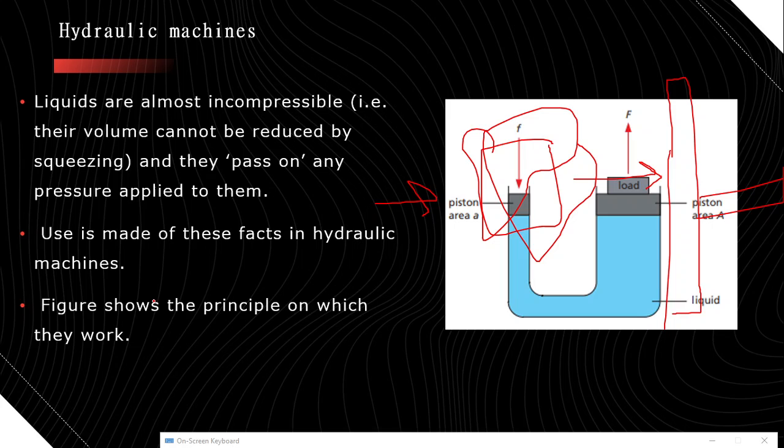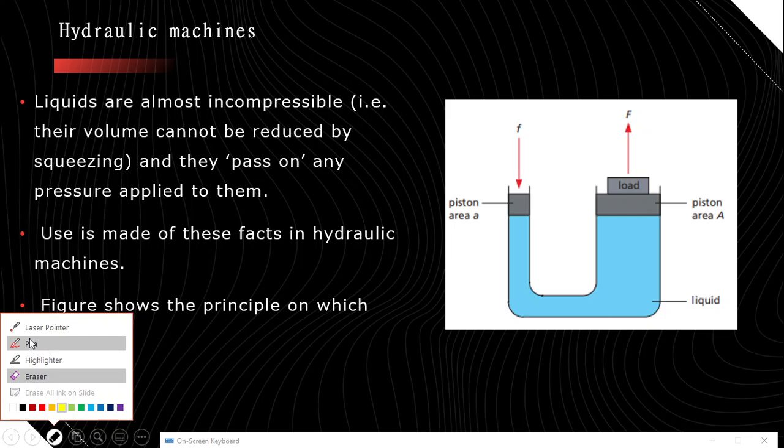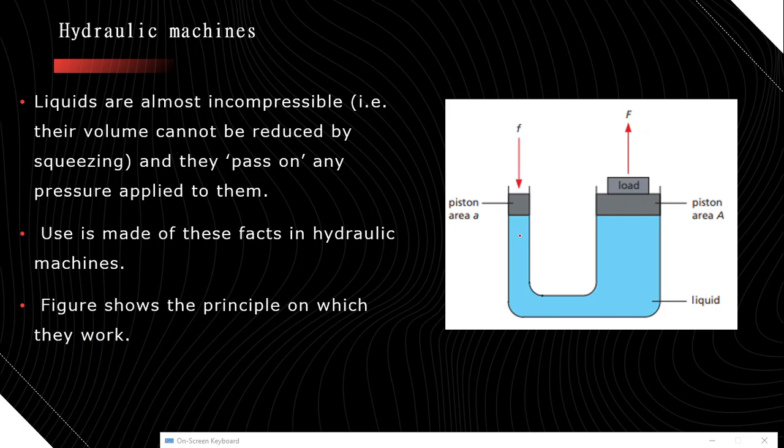The figure shows the principle. Okay, so this is the figure. Again, we are basically using liquid as a medium to transfer the pressure or the force that is being applied from one side to the other, and we can use this concept to decrease or increase the value of force that we want to exert on one area.